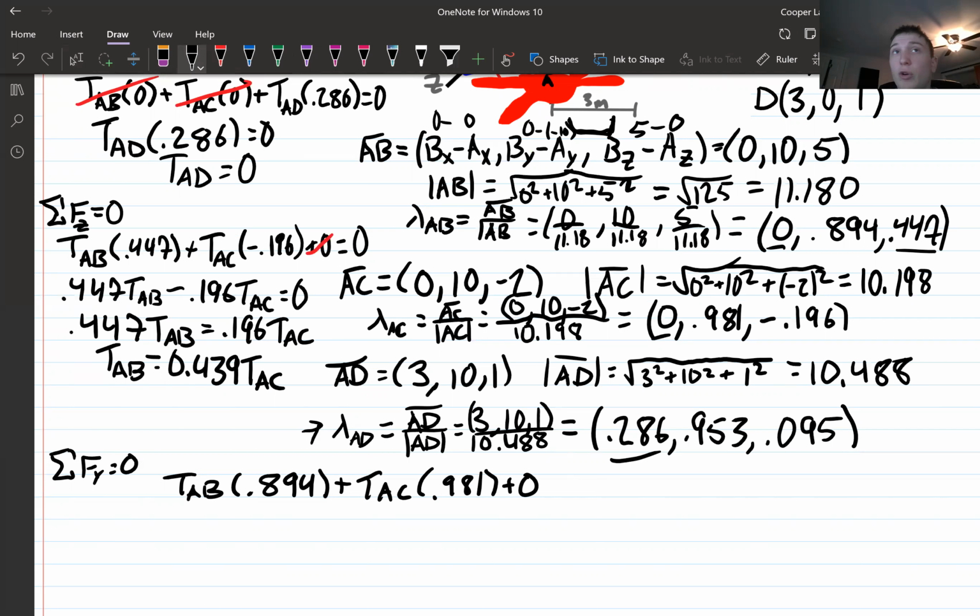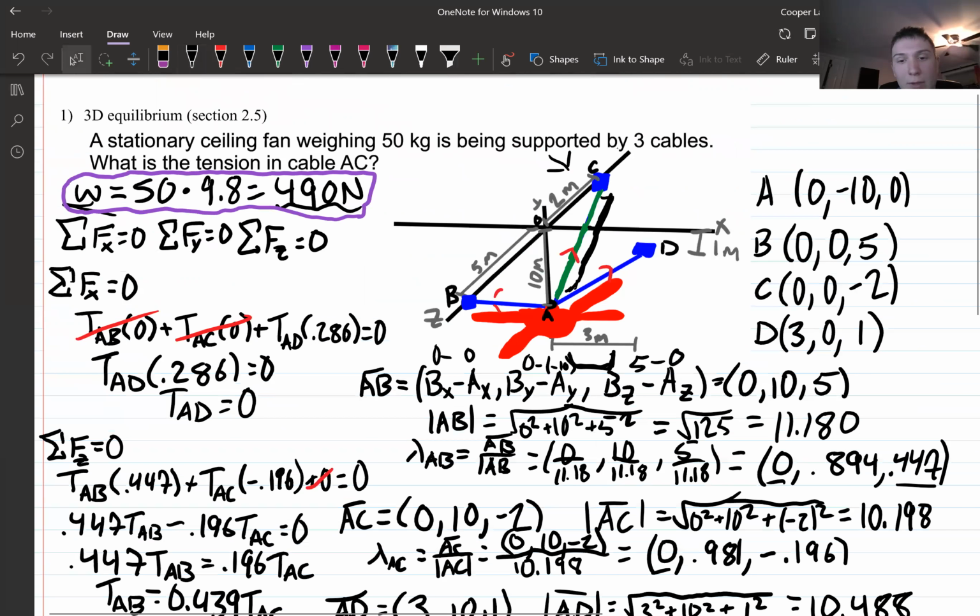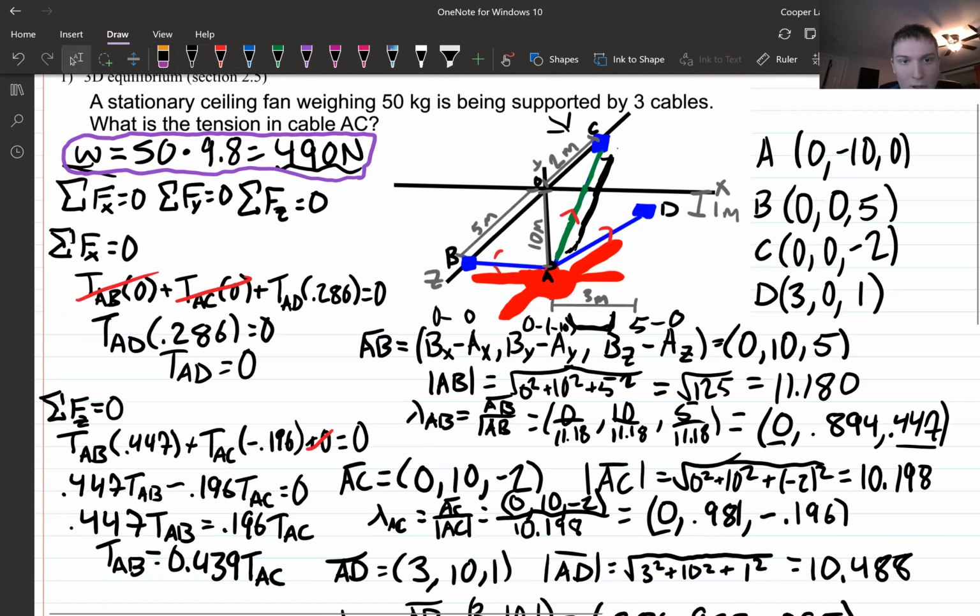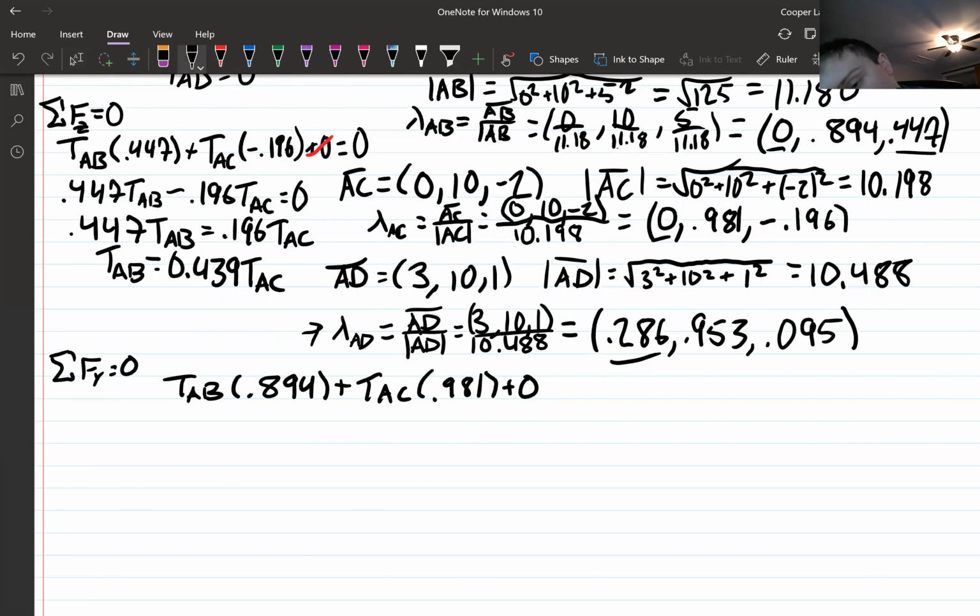And now I have to subtract the overall force I get from the ceiling fan, which is my W value there, which equals negative 490. So minus 490. This equals 0. Now keep in mind, I don't have to multiply that 490 by any value because it is directly down. It doesn't give any force in any direction besides the y direction, and downwards in the y direction at that, which makes it negative.